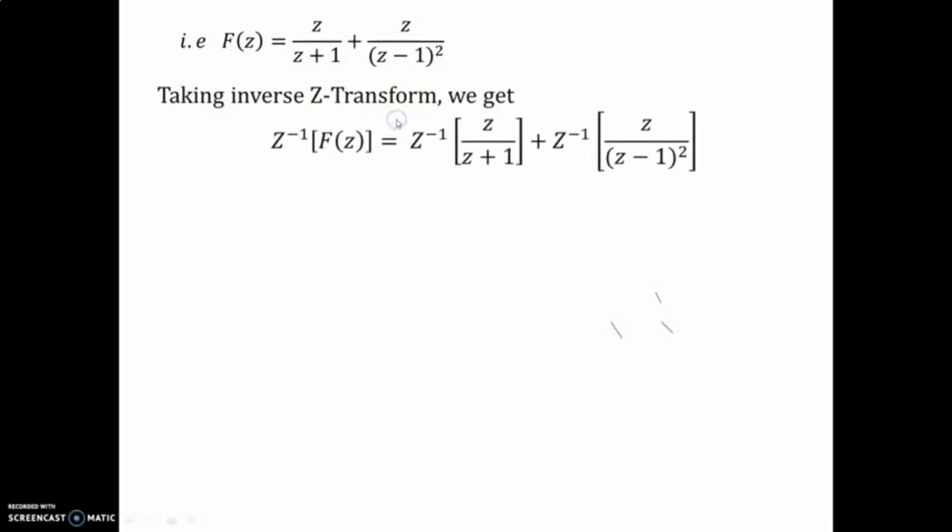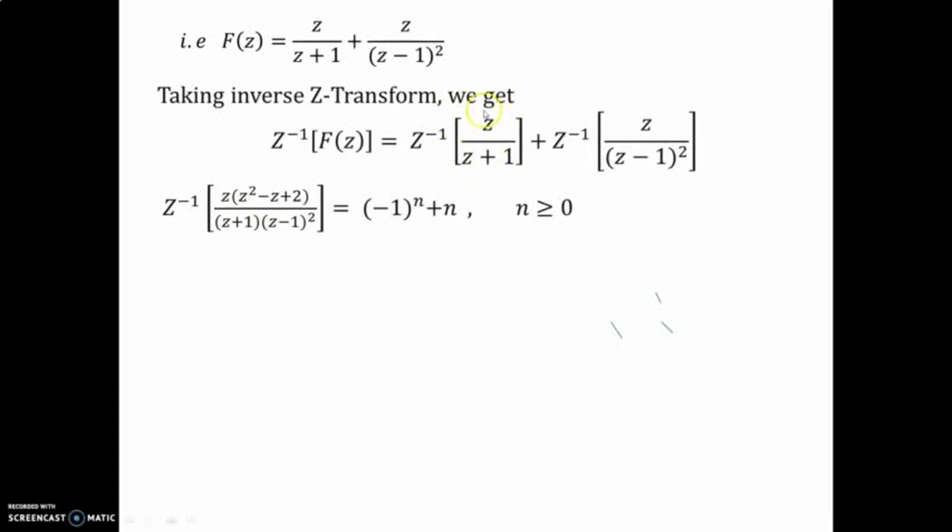To convert f of z by z into f of z, we move z to the right side, and in each term we get f of z equal to z by z plus 1 plus z by z minus 1 the whole squared. Taking inverse z transform on both sides, we get z inverse of f of z equal to z inverse of z by z plus 1 plus z inverse of z by z minus 1 the whole squared. So z by z plus 1 is an elementary function.